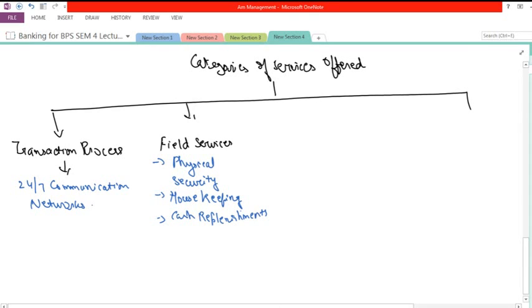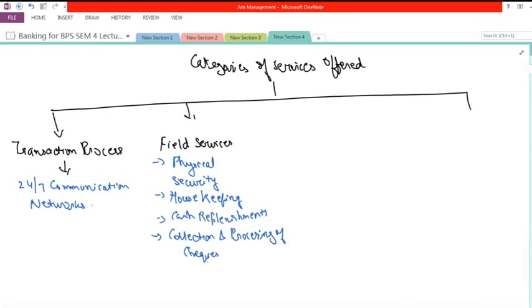that is, you have to fill up the ATM machine again whenever the money is over in that particular ATM machine. Then collection and processing of checks and cash deposit envelopes, and daily cash balance as well as reconciliation has to be undertaken.